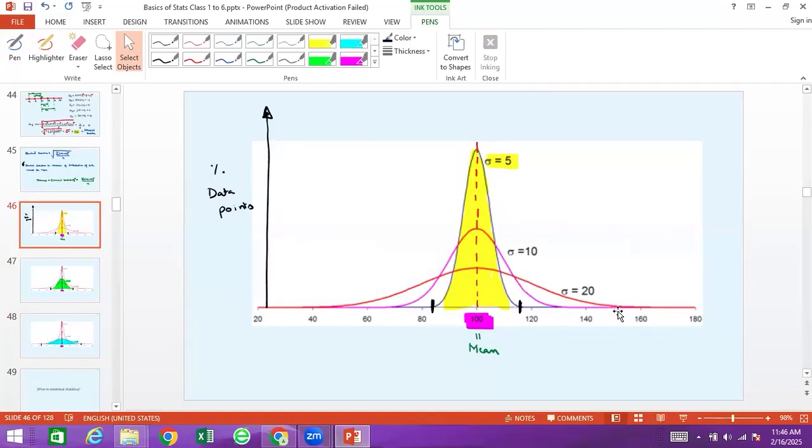Even the mode will exactly be the same. So 100 is mean also, median also, mode also, because the most frequent value is this. This is the most frequent value, 100, because most of the data points have value as 100. So mean, median, mode, all are exactly 100.